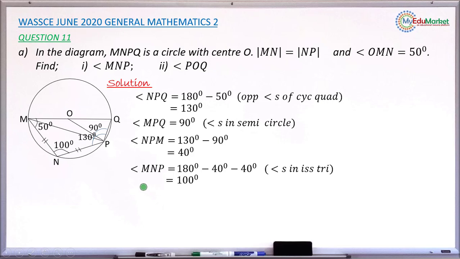Moving to Roman 2, which asks to find the size of angle POQ. This is the angle subtended by arc PQ at the center of the circle. So let me think which other angles I have to find so that they will lead me to this very angle. If you look at your drawing, the angle NMO is 50 degrees, given in the question.